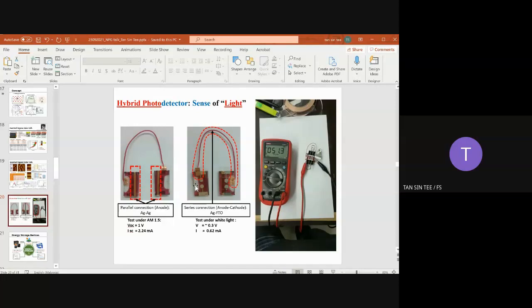During fabrication we etch away the layer of photoactive material, zinc oxide, and leave behind only the FTO. So the transparent part here is the FTO, and this part is our silver contact, which is our cathode. This is our anode. During testing, we put one crocodile clip on the cathode and another on the anode.